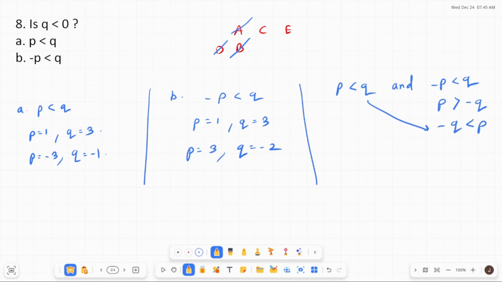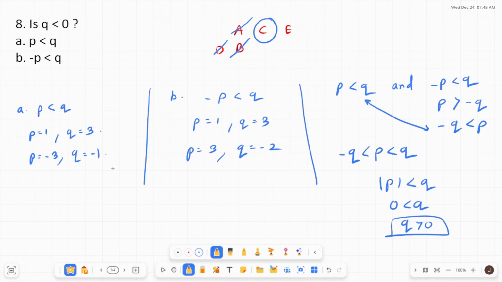Now let's write these two together, and I can write it as p is less than q and p is greater than negative q, which actually means absolute value of p is less than q. Now absolute value of any number is either 0 or more than 0. So that means I can indeed say that q is positive. This we are getting from option C. Hence the answer is C.